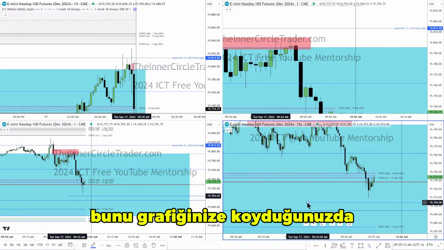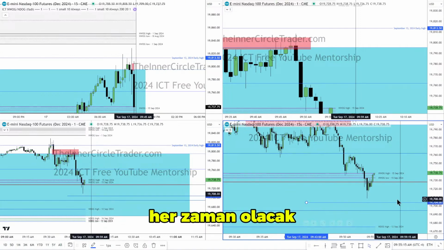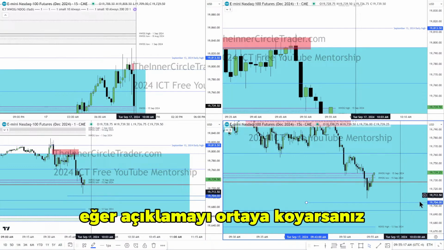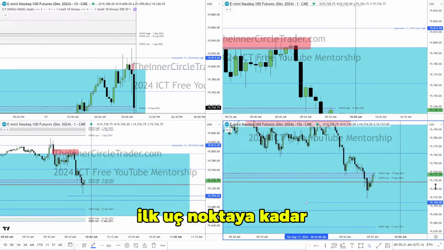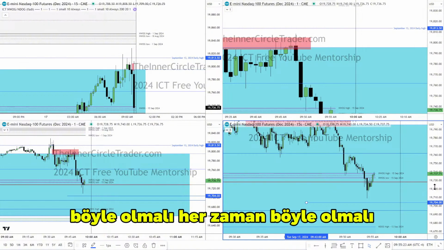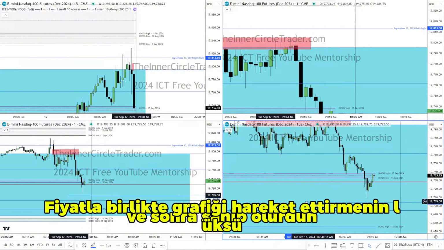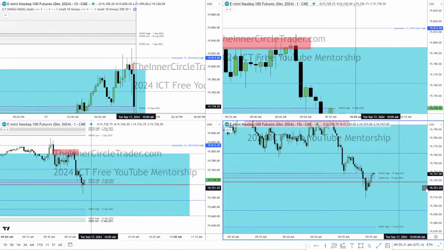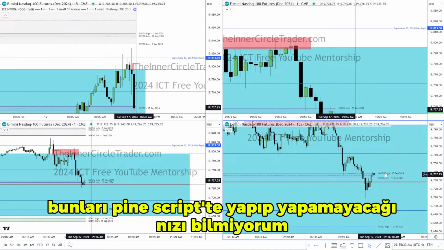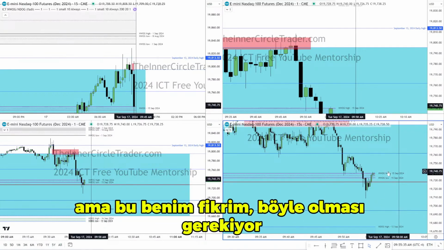Whenever you put that on your chart, if you put the annotation to the middle and on the right, it'll always be on the right side of your chart, all the way to the furthest extreme. That's how it should be. It should always be like that. And then you'd have the luxury of moving the chart around with the price to bring it closer to the annotation. I don't know if you can do that in PineScript, but that's my opinion. That's how it should be.